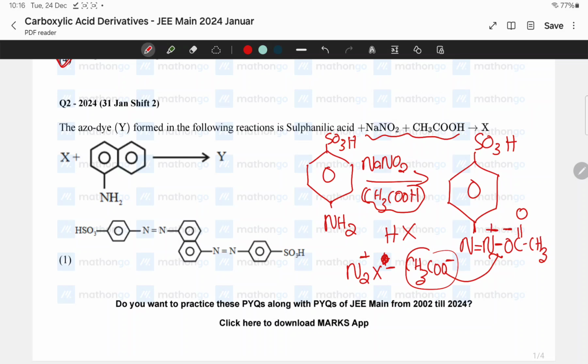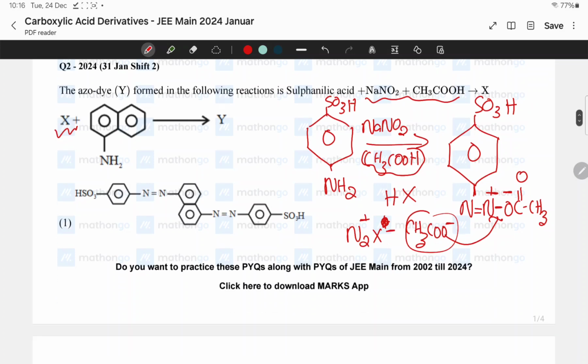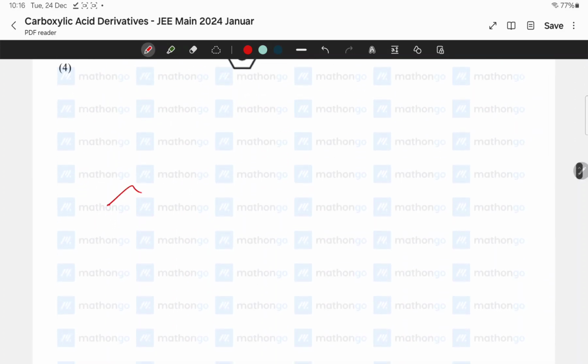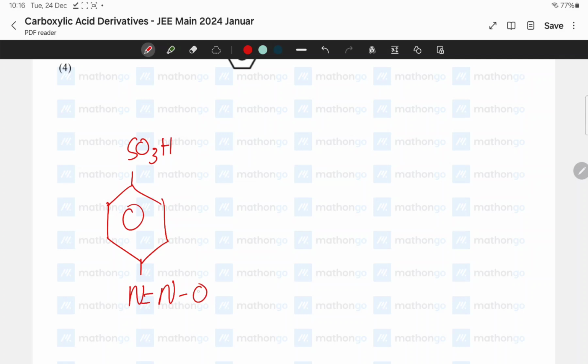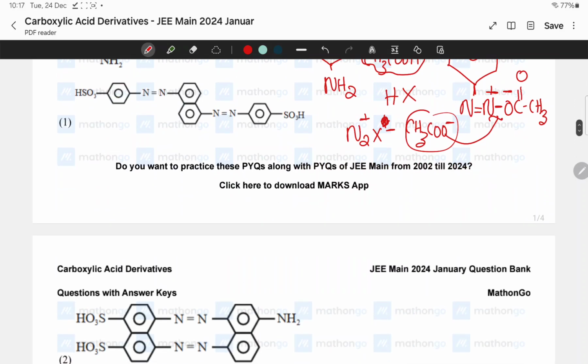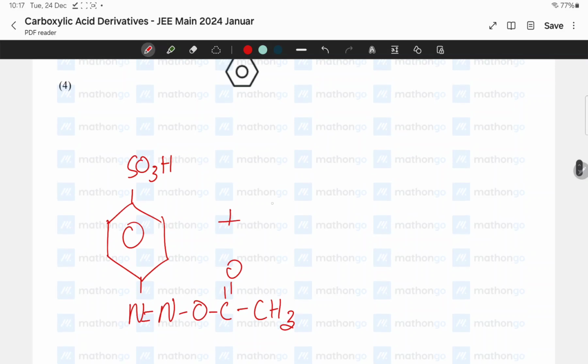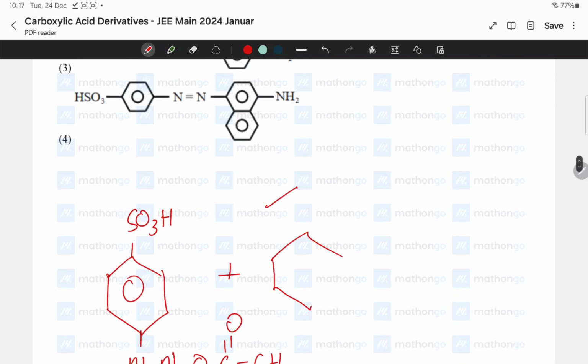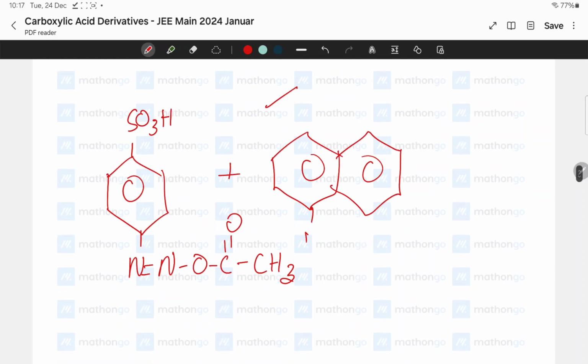Now when we react that compound, N double bond N O C double bond O CH3, with this compound, you know that a dye formation will happen.